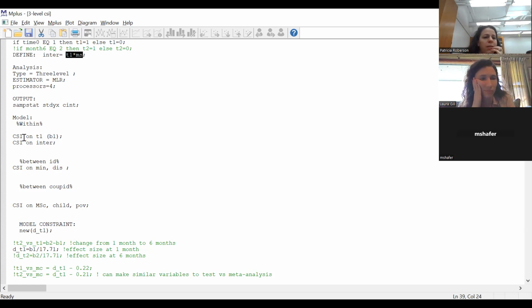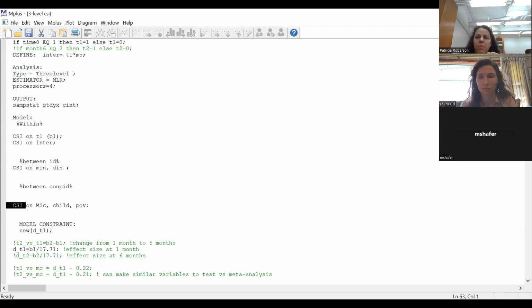In Mplus, when you move the outcome variable to the next level, that's your random effect. It's very simple and easy to make mistakes. And this is the between effect.